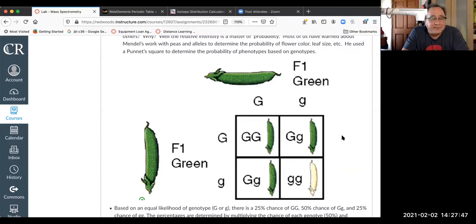So if you look at these as being 25% each, can you see that the big G little g and little g big G, when you add those together, that's 50%? So if we were to plot that, and I'm going to switch screen here: big G big G is 25%, big G little g is 50%, and little g little g is 25%.